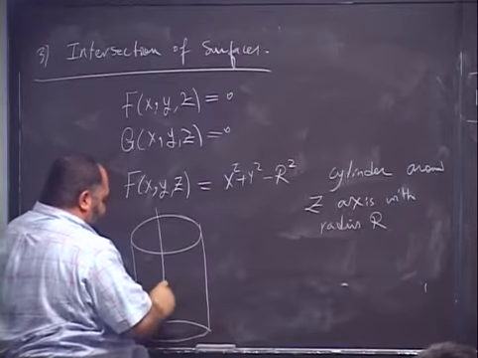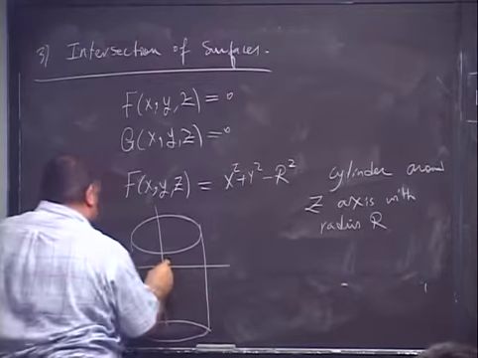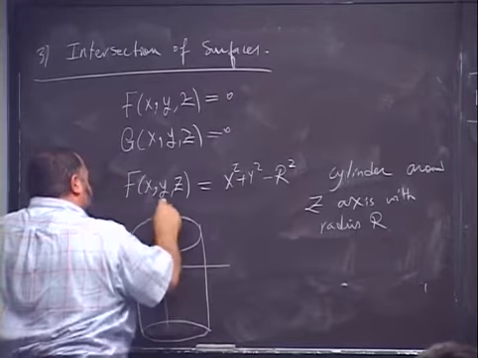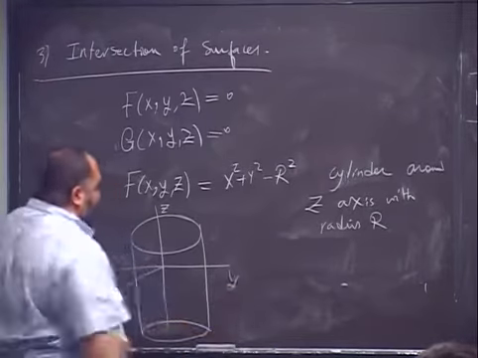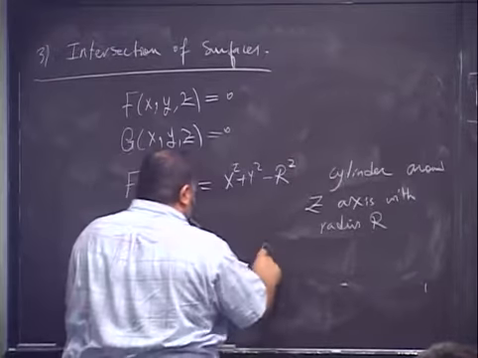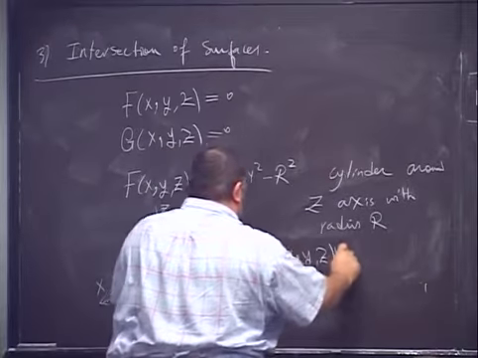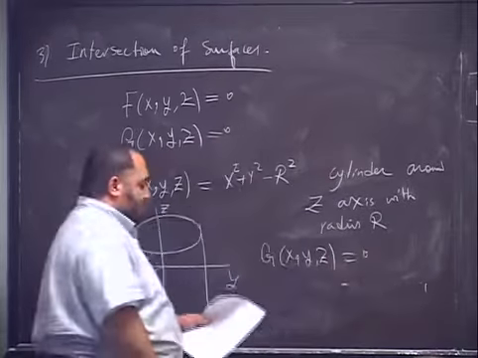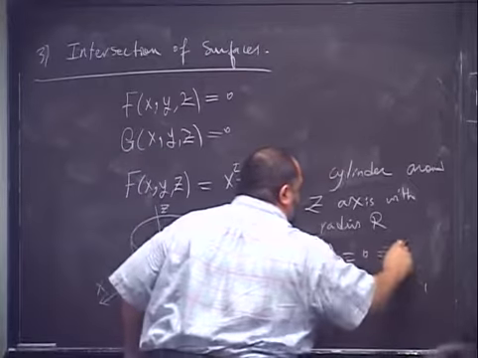Let's say this is the z-axis, and this is x and y here. And if you define g of x, y, and z, it is equal to z.